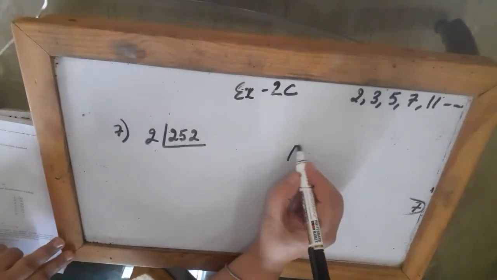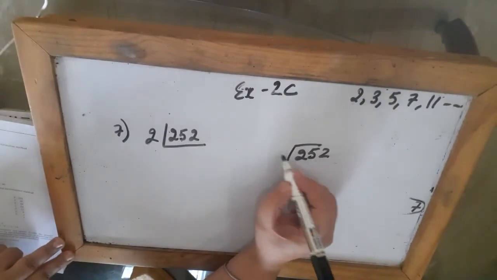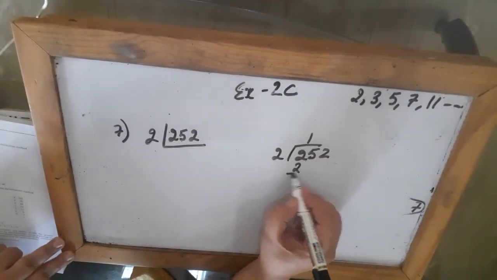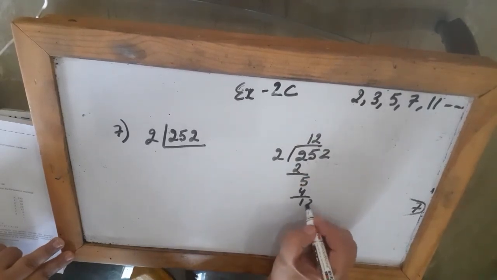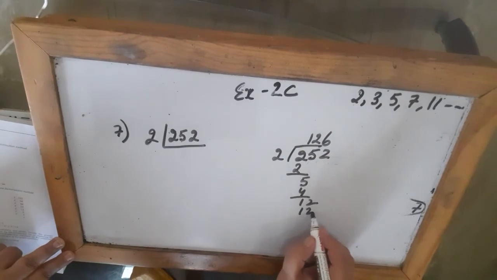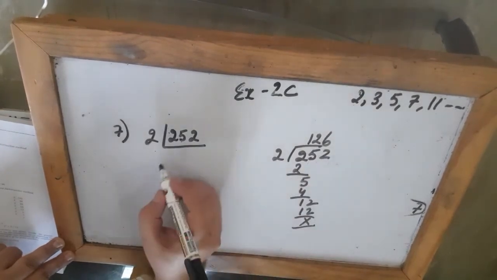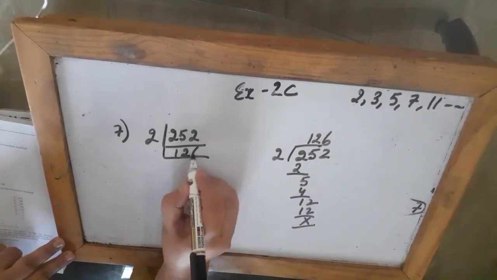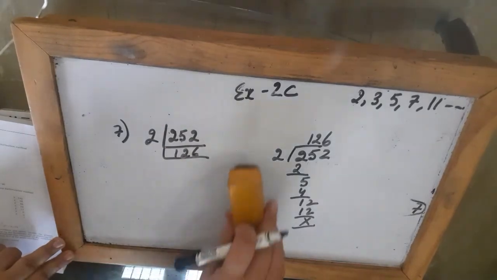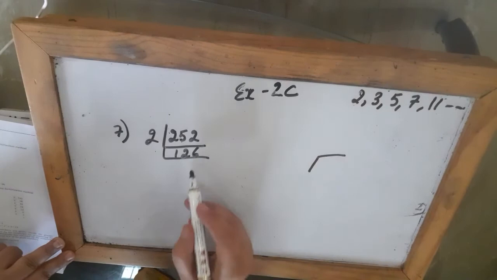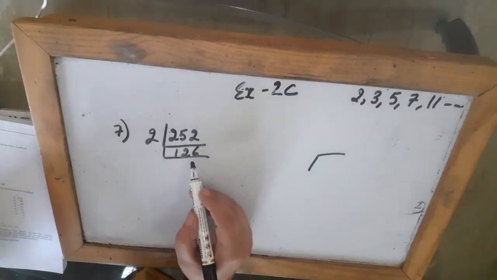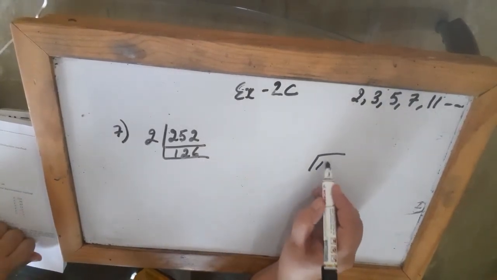So you can divide and see where it is divisible. 2 1s are 2, 2 2s are 4, and 2 6s are 12. Okay, so 2 126s is 252. Now I have to find 2 126 on the table of 2. It can be divisible by 2 because it is an even number.